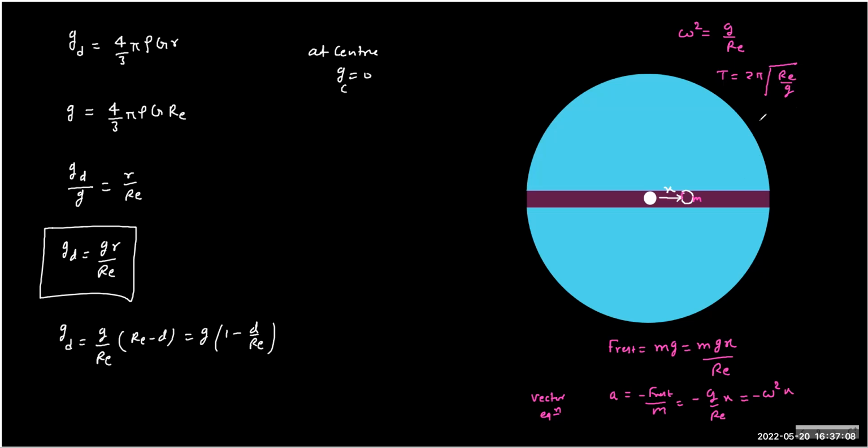But this is not sufficient. I mean, we need to understand something more. And this g is the g on the Earth's surface. And if you remember, the value of g on the Earth's surface is how much? 4 by 3 pi rho G R. So the time period is 2 pi under root 3 upon 4 pi G rho.